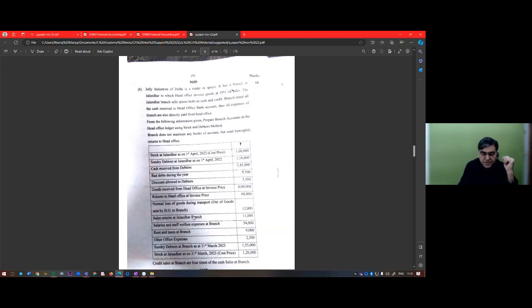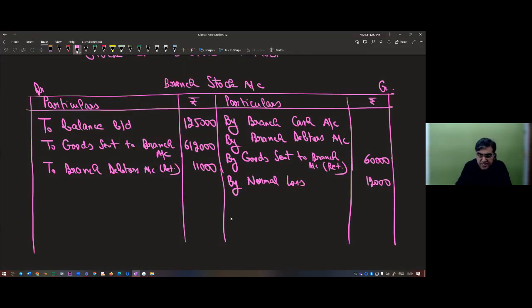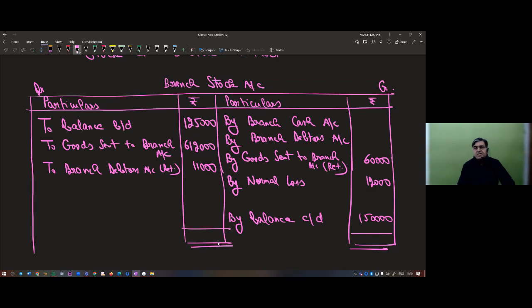Salaries, rent, other expenses, closing debtors, closing stock 1,50,000. So by balance carried down, the balance carried down is 1,50,000.